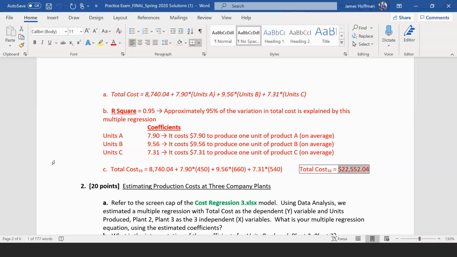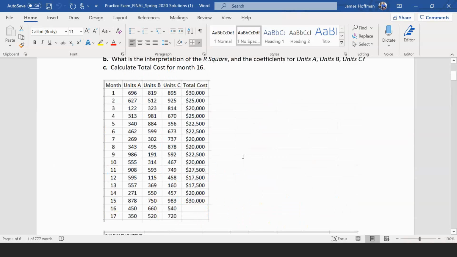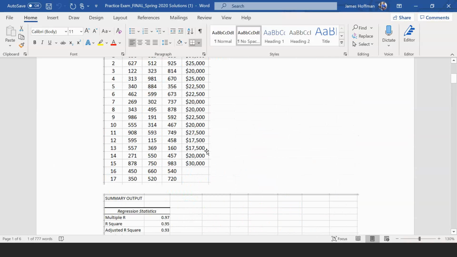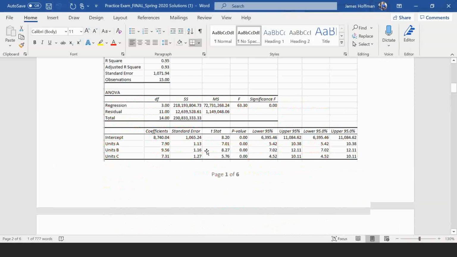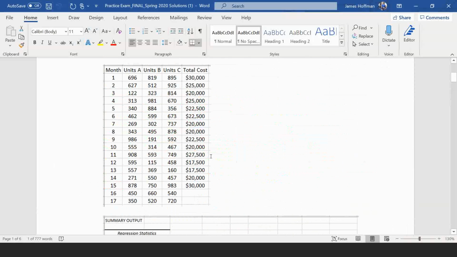So you can see the total cost up here. All right, so we got 22,000, something that seems right. So all these costs here are 30,000, 20,000, 17,000. So if you get something reasonable, it's probably right.